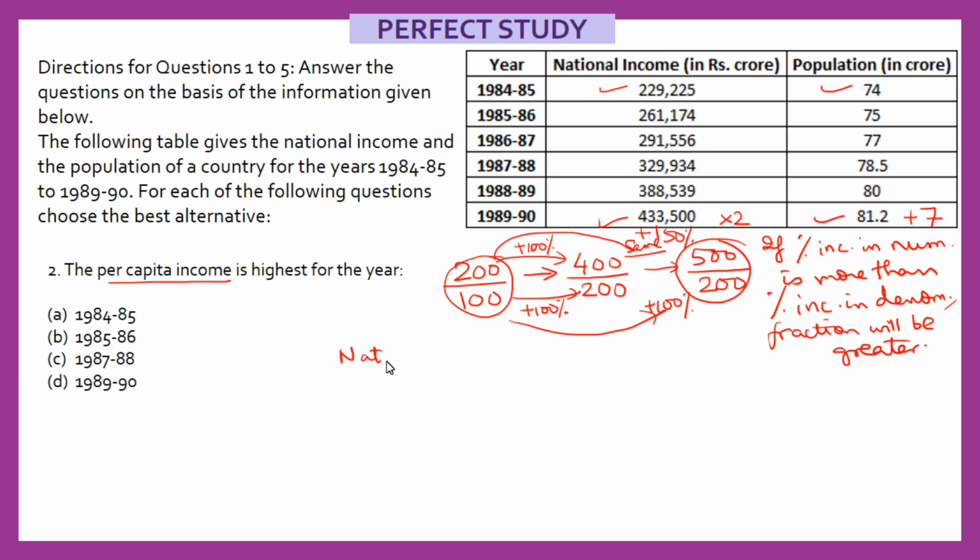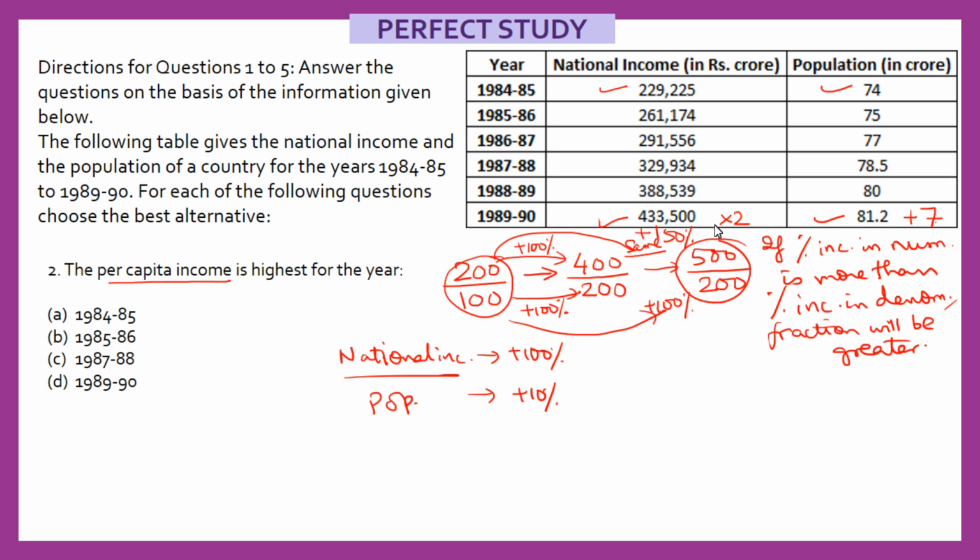So my national income has increased by 100%, and my population has increased by only 10%, which means it is very obvious that 1989-90 should give me the highest per capita income. The income has doubled, but the population has increased only by 10%.